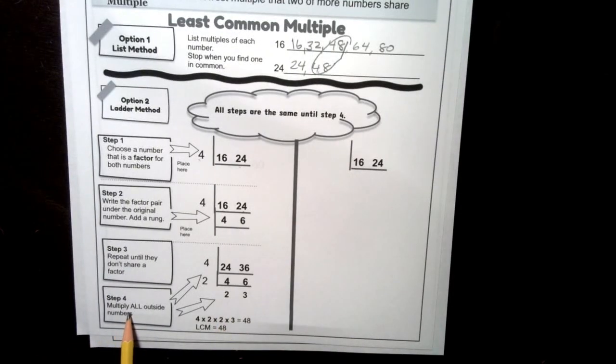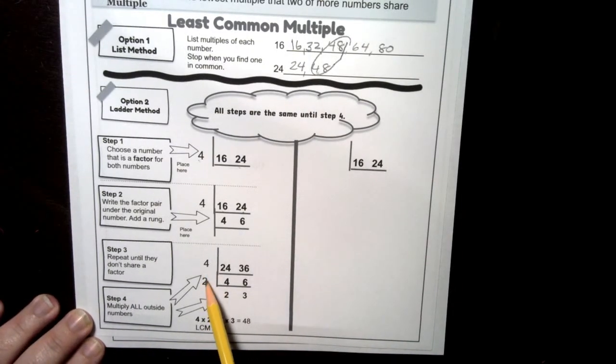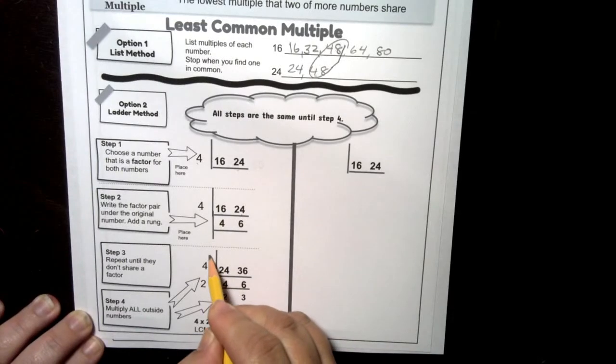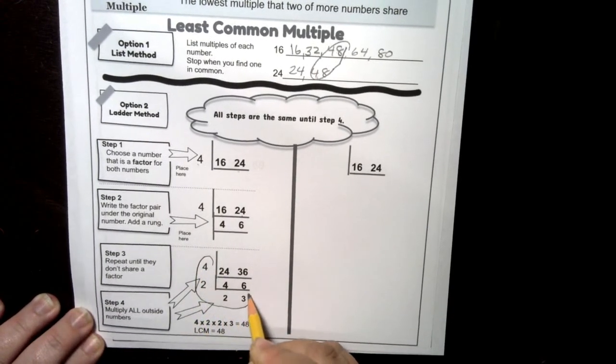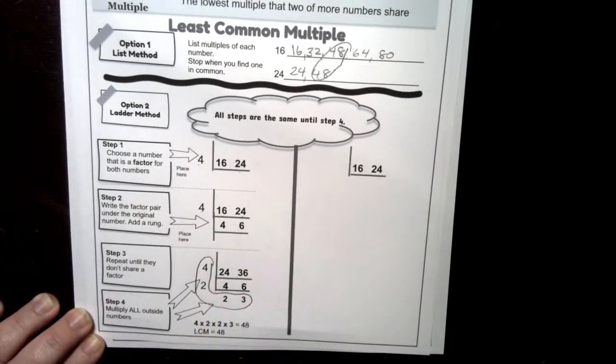I'm going to multiply all of my outside numbers. Remember, when I did my greatest common factor, I only did these two and we made a G. If we take our outside numbers and circle it like that, it makes an L, and I'm finding my LCM. So 4 times 2 times 2 times 3 gives me 48.